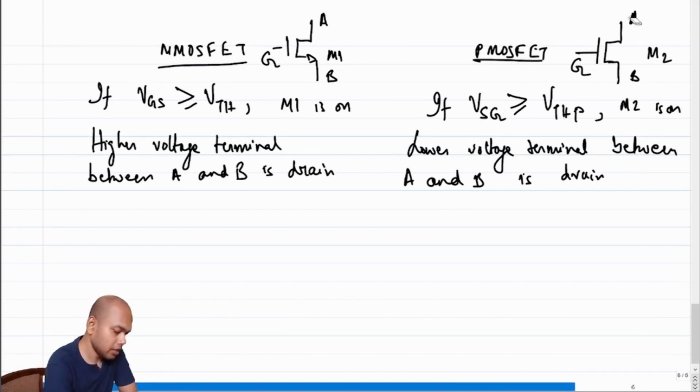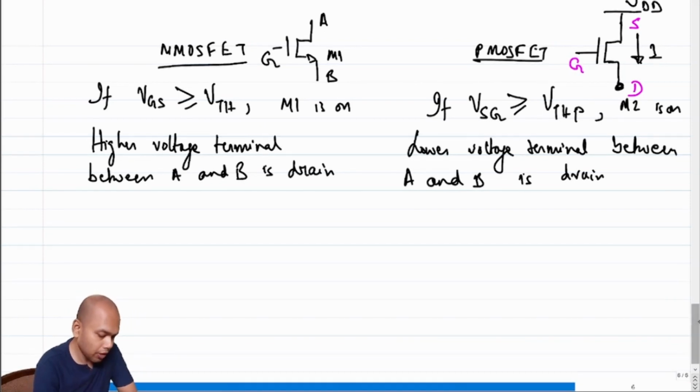So in essence, if we connect VDD on the top and the current flows from the top to the bottom, this terminal becomes the drain. Now let me use a different color to differentiate. This terminal becomes the drain, this terminal becomes the source, this remains the gate. So this is VDD.